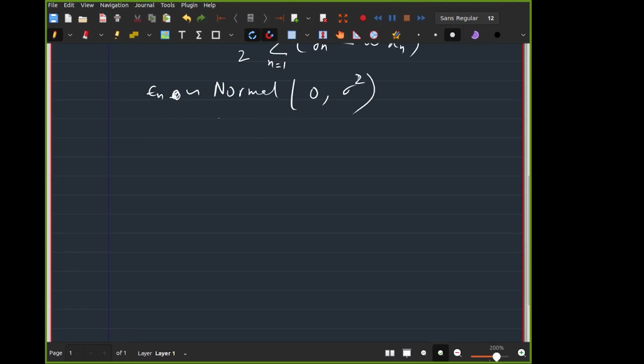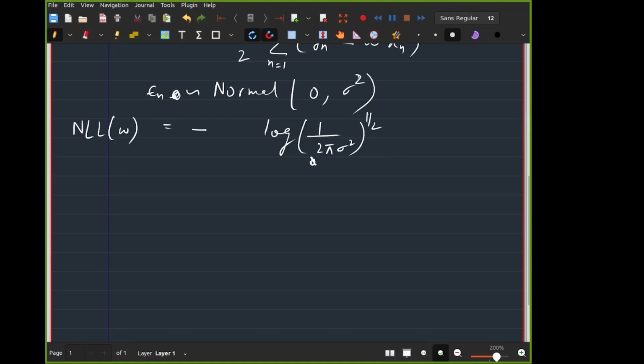If I think about it that way, I can say that my negative log likelihood of w equals the negative sign, and then the log of the formula for the normal distribution, which is 1 over (2 pi sigma squared) to the power half.